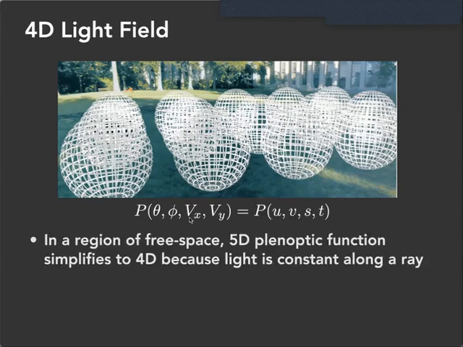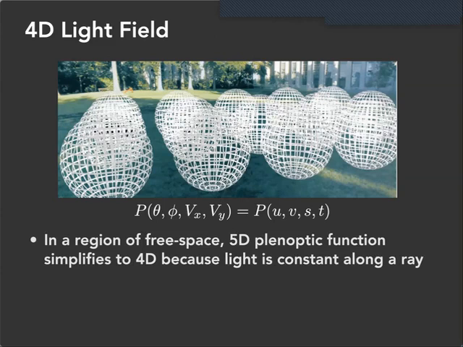The 4D light field, which is something we've talked about more, is this: the 5D function of Vx, Vy, Vz, theta, phi becomes the same as a light field, given a four-dimensional parameterization, as we've talked about elsewhere.